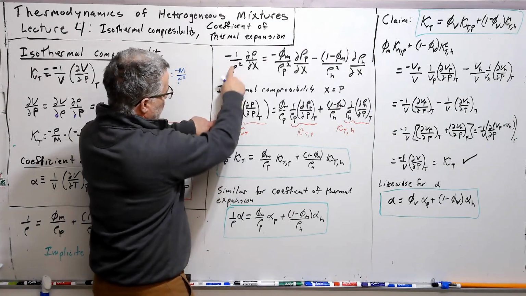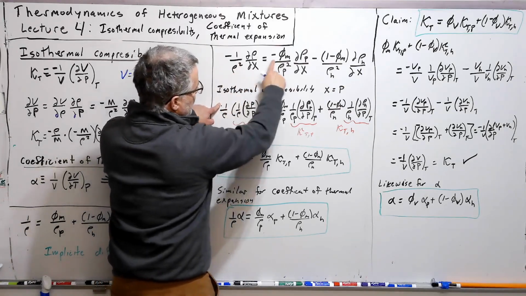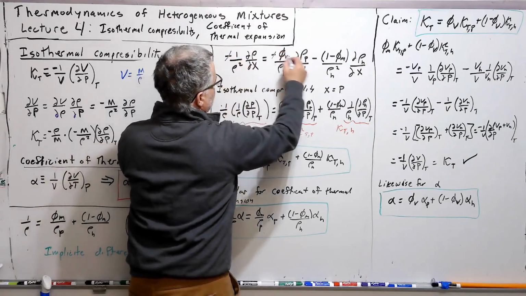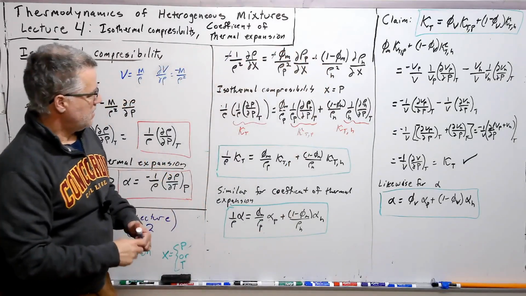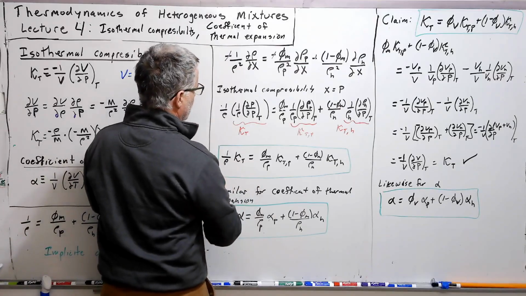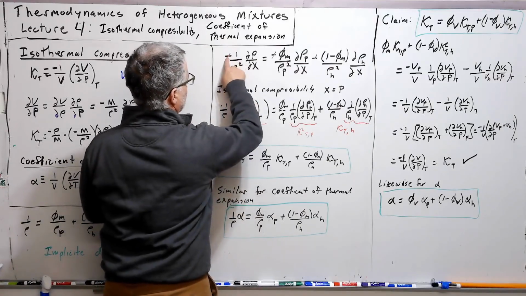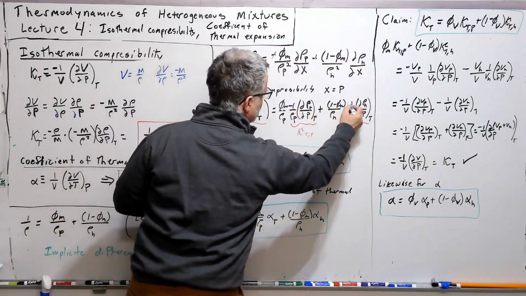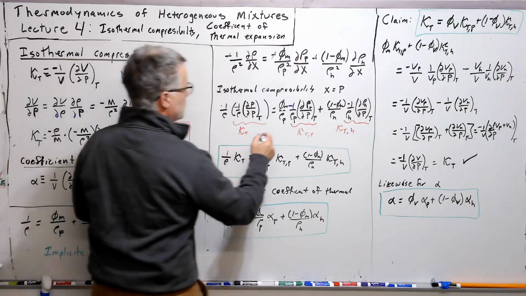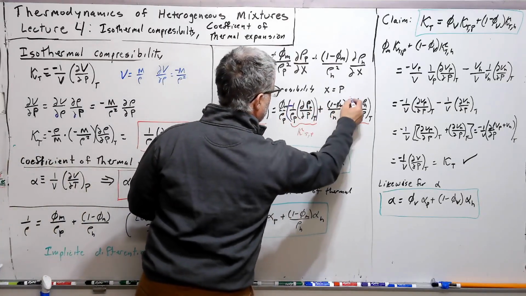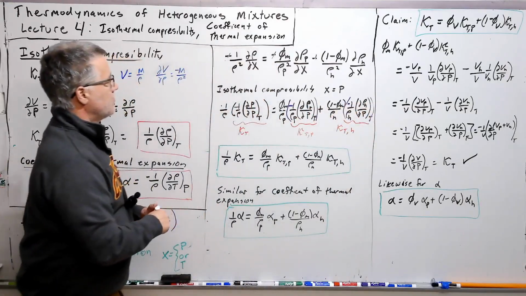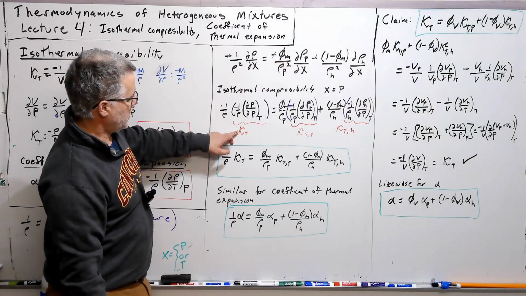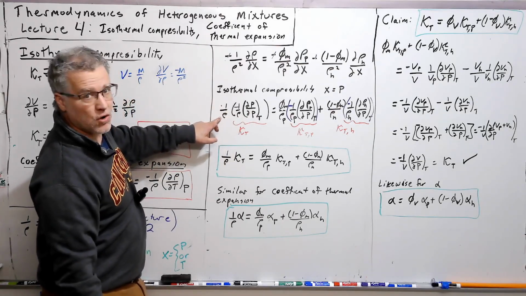So here's our 1 over rho squared, and the minus sign is going to be gone because we can cancel each of these minus signs. Actually, let's not cancel those. Let's put them in here, because we want this to match the definition. I missed the convention there. So this is the isothermal compressibility of the whole thing, times 1 over rho here.